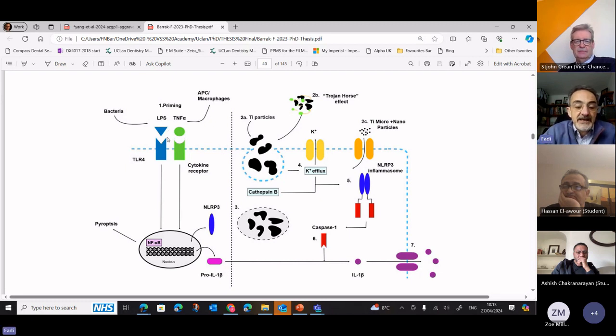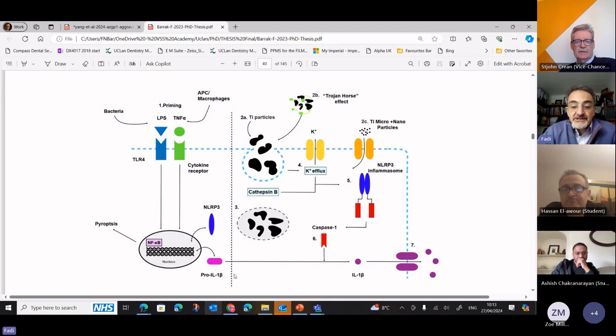So in essence, you get external factors that prime the cell to start transcribing through NFKB some cytokines. And these cytokines for macrophages tend to be, I've just mentioned one here, but in the study they'll mention more. So we've got pro-interleukin-1 beta, interleukin-18, and TNF-alpha. These are in the pro state, so they're not active yet.